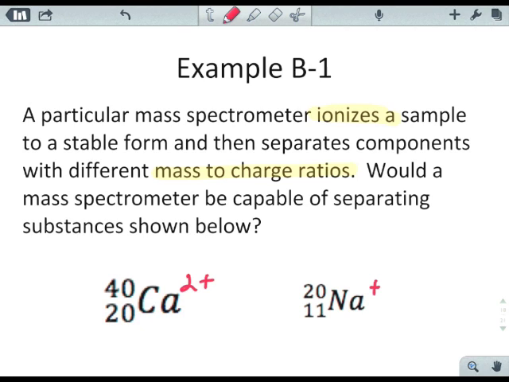So if we're looking at mass to charge ratio, our mass is 40, our charge is 2 plus, so we get a mass to charge ratio for calcium of 20. And here we have 20 compared to 1, so our mass to charge ratio is going to be 20 as well. So when we look at these two things, they both have a mass to charge ratio of 20, so the mass spectrometer would not be able to separate those two substances out.